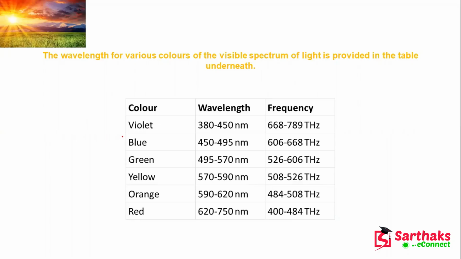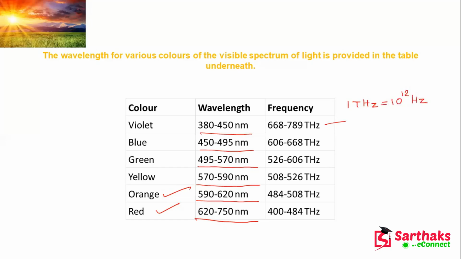What are the different wavelengths? Violet 380 to 450 nanometer, blue 450 to 495, green 495 to 570, yellow 570 to 590, orange 590 to 620, and red is the highest wavelength, that is 620 to 750 nanometer. Here the frequency is defined in terahertz, where 1 terahertz equals 10 to the power 12 hertz.